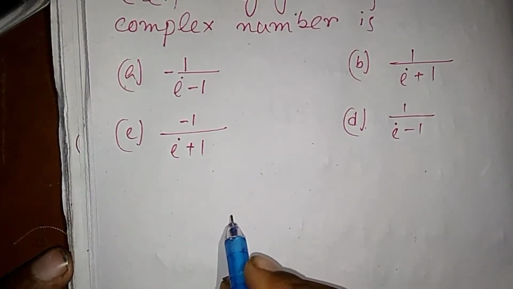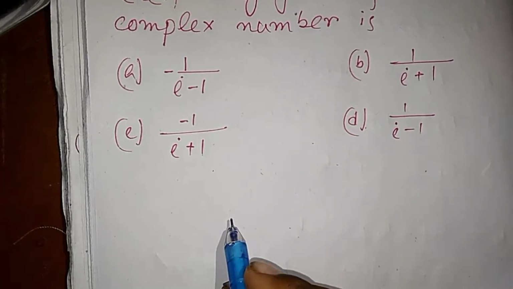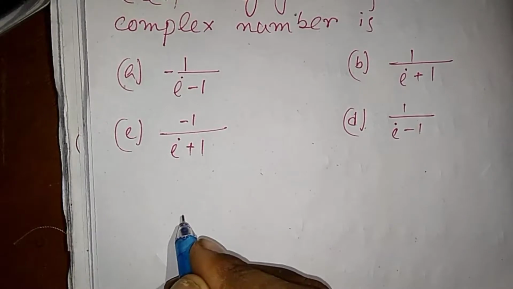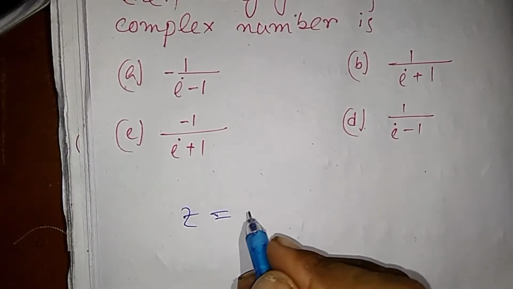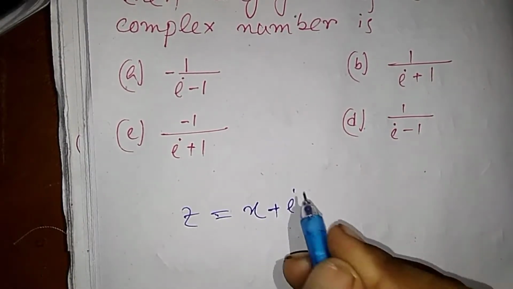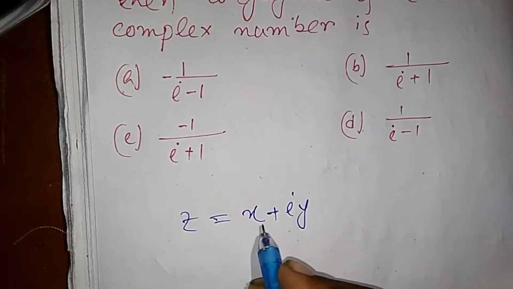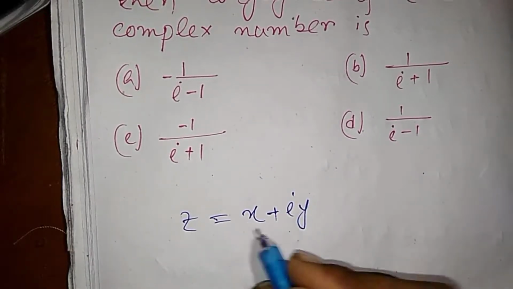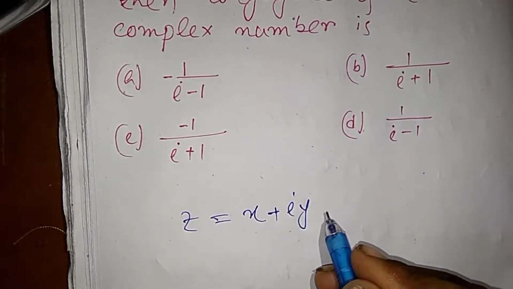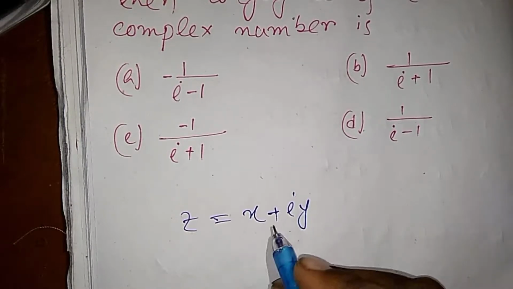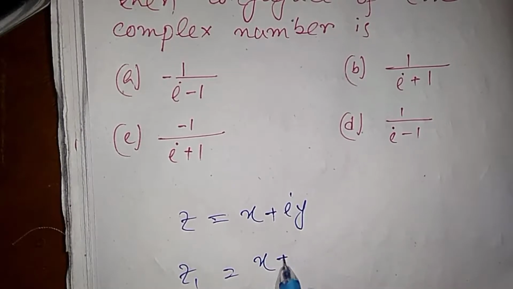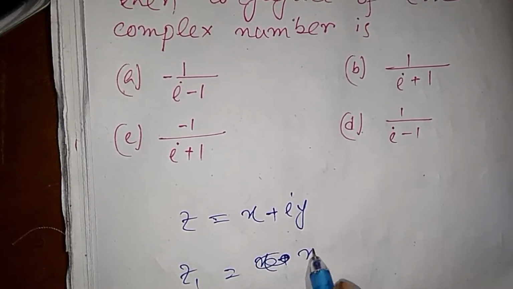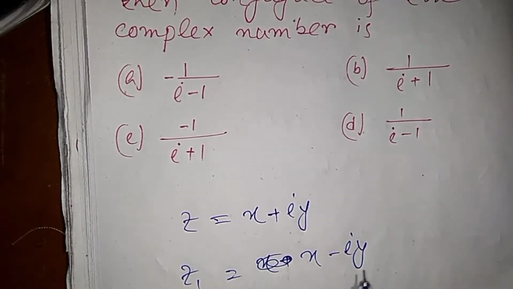If I take an example of a complex number, z is a complex number, then the value of z is equal to x plus iy. Here x is real and y is imaginary. Then the conjugate of z, z dash, is equal to x minus iy.